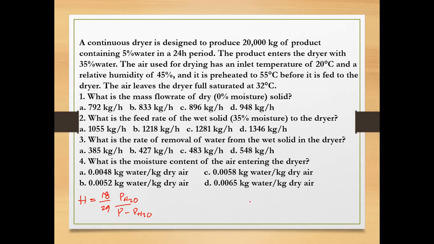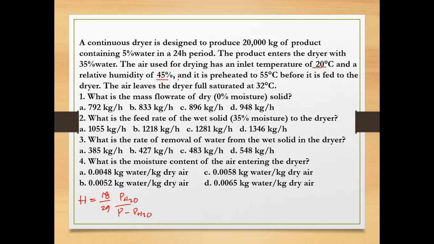Okay, so the problem says the air enters the dryer at 20 degrees Celsius. Question number 4 is, what is the moisture content of the air entering the dryer? So it is the feed air. The problem says the air used for drying has an inlet temperature of 20 degrees Celsius and a relative humidity of 45%.